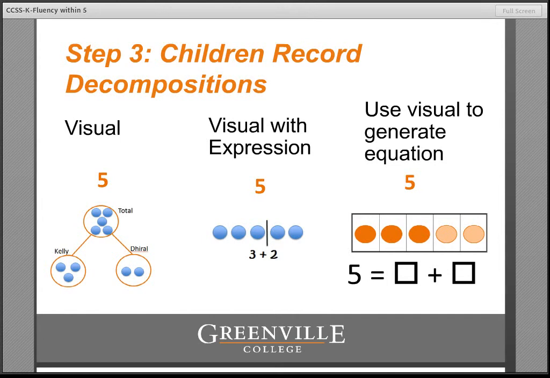Then we're going to want children to be able to use a visual with an expression, which we will have modeled for a while before they have to do that. So that's the next step. And eventually we'll want children to be able to use a visual to generate an equation similar to what you've seen in the 3rd step here. So that the child is provided a visual, but then they have to generate the equation on their own from that visual.